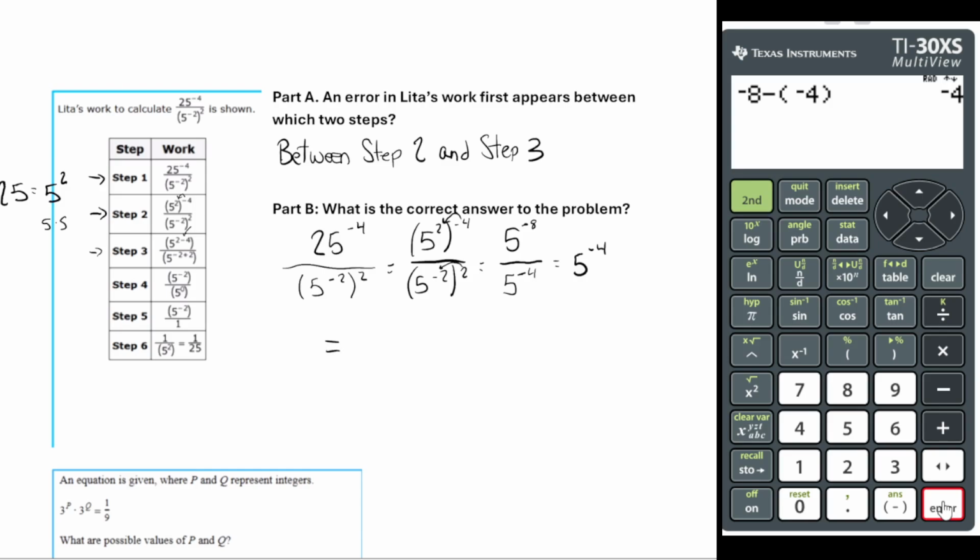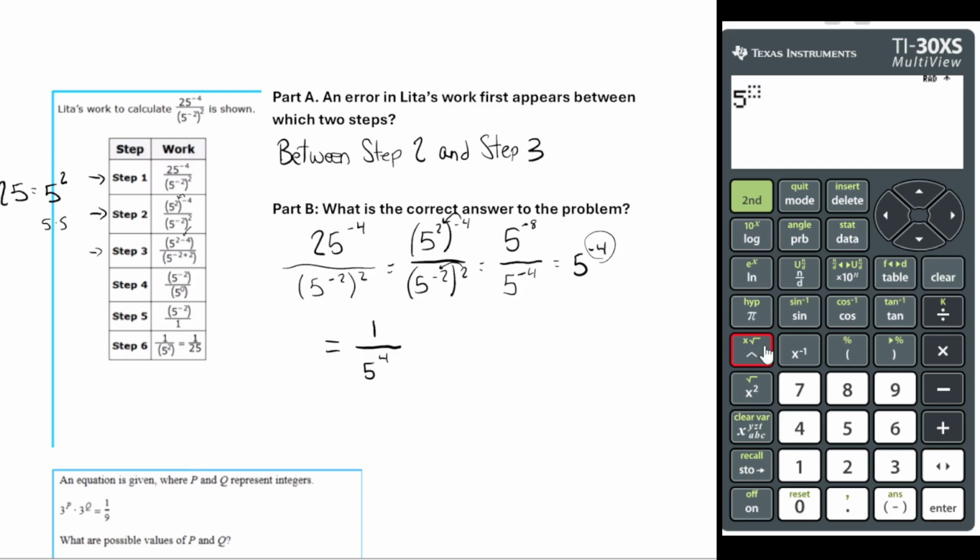Then you want to put this back into a positive exponent. So we're going to move it with the negative exponent rule. 1 over 5 to the 4. And then we can find out what 5 to the 4 is. If you don't know how to use the exponent button on the calculator, you put in 5. You hit this button right here that looks like a little up arrow.